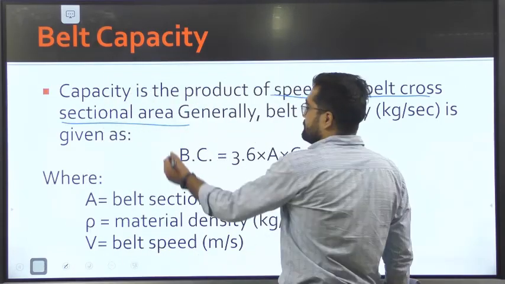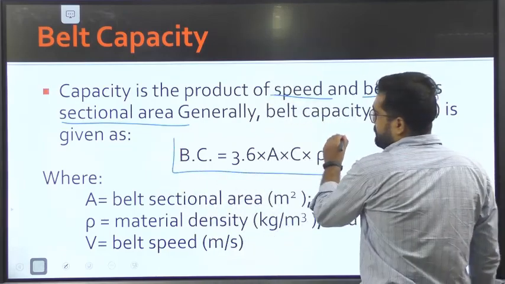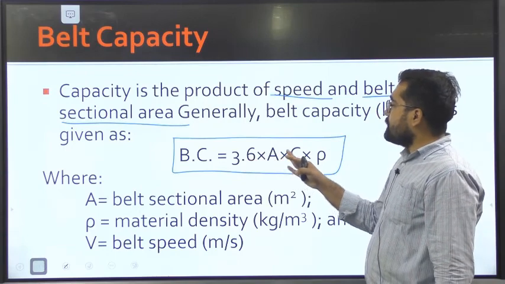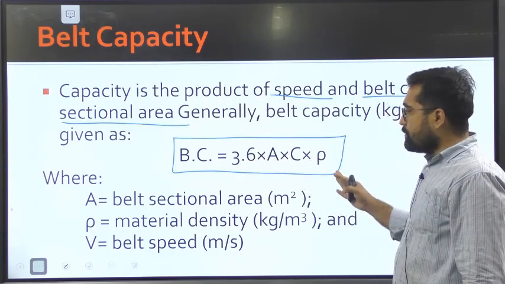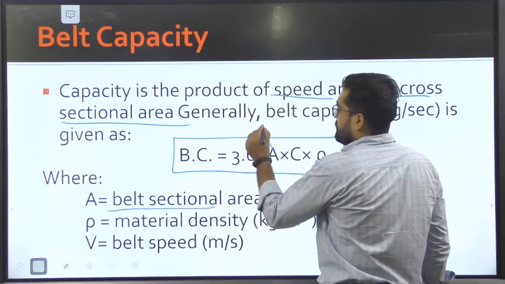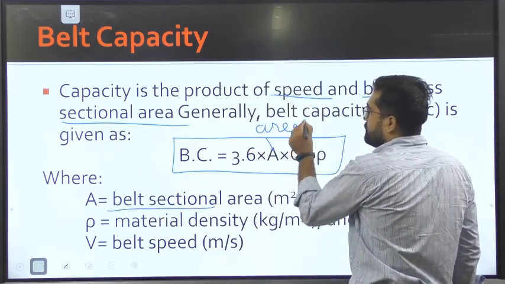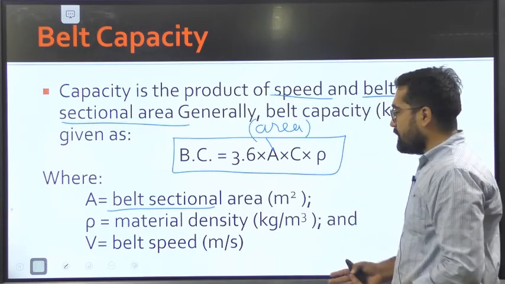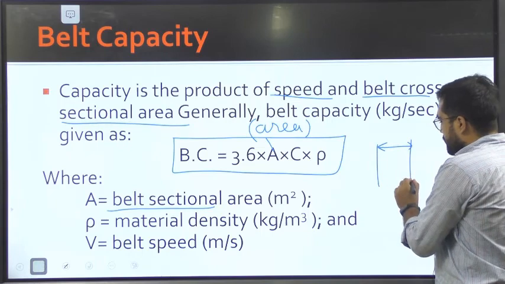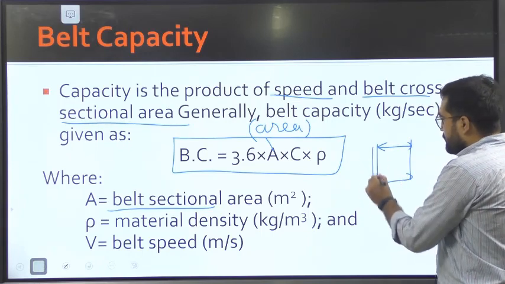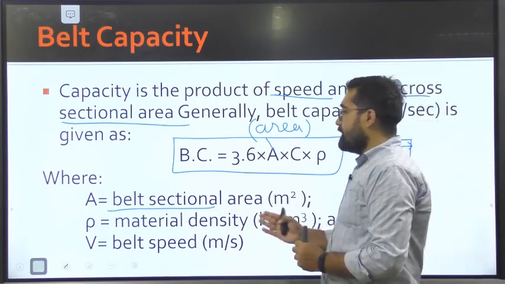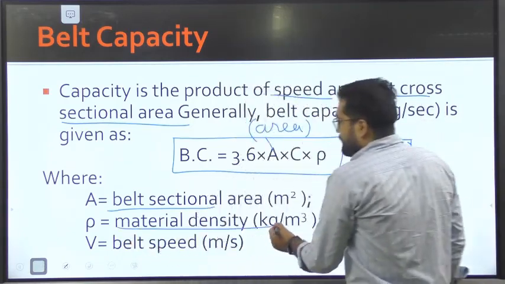So the formula for belt capacity is BC equals 3.6 into A into C into density, where A is the belt section area, the total area for this belt, and this is the material density.